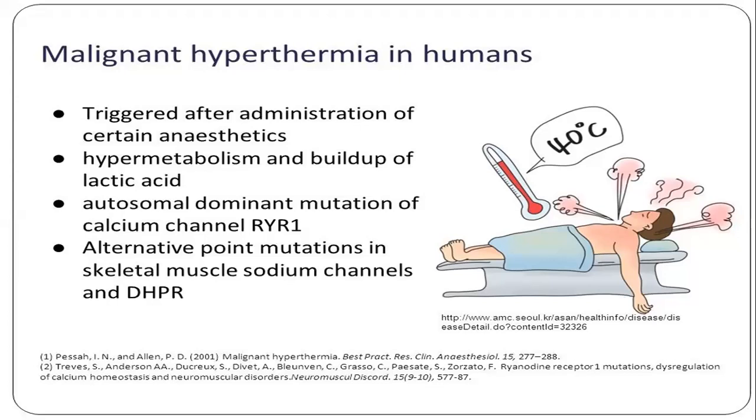Genetic diseases causing disturbances in calcium homeostasis in skeletal muscle include malignant hyperthermia, central core disease and Brody's disease. So there are some genetic disturbances. Malignant hyperthermia is an autosomal dominant trait, but it has life-threatening consequences.